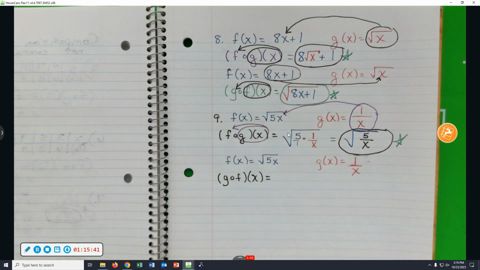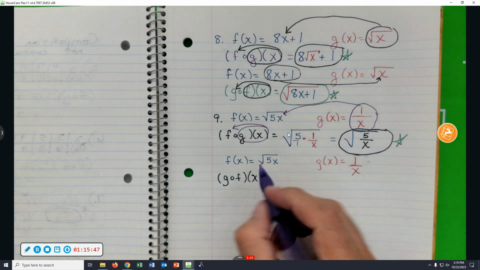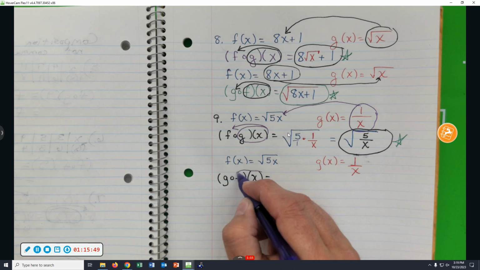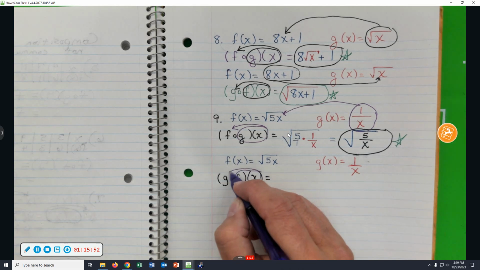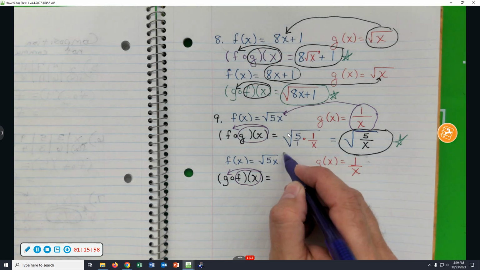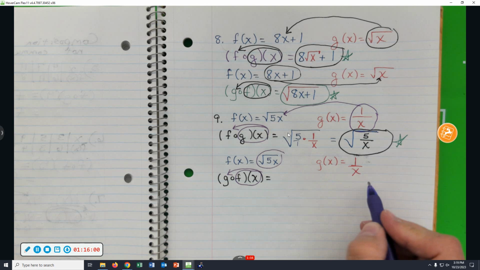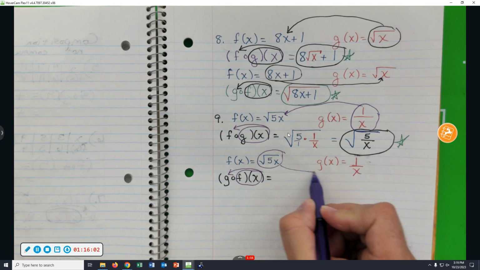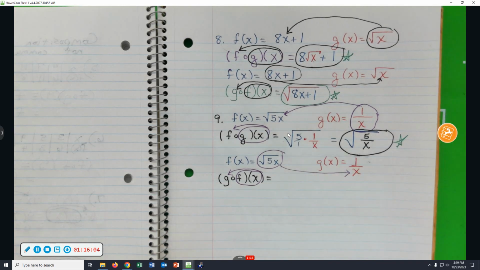g of f of x. That means plug f of x into g. So let me think. I'm plugging f of x into g. So that red x over here, all of that's going to get replaced with that blue square root of 5x.